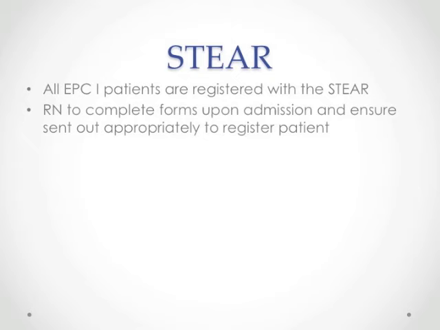So when that STEER information is completed, we get that faxed off, and then that patient is registered in their area. So if there is an emergency and that patient needs to be evacuated, the area emergency committee will make sure that that patient is evacuated, and they will assist the patient.